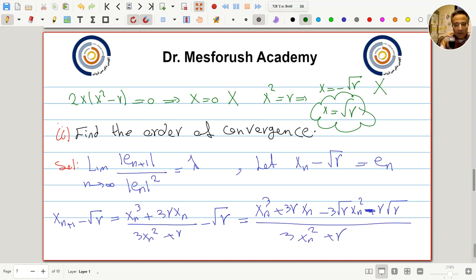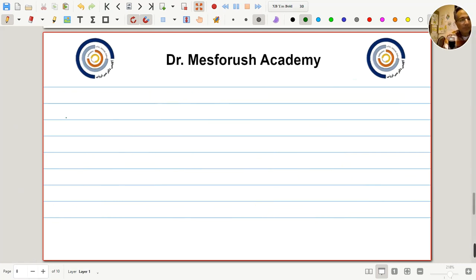Now if you consider this, it will be (x_n minus the square root of r) to the power of 3. This one is e_{n+1}, and this one is e_n. So we get something like this: e_{n+1} equal to e_n cubed over (3x_n squared plus r).